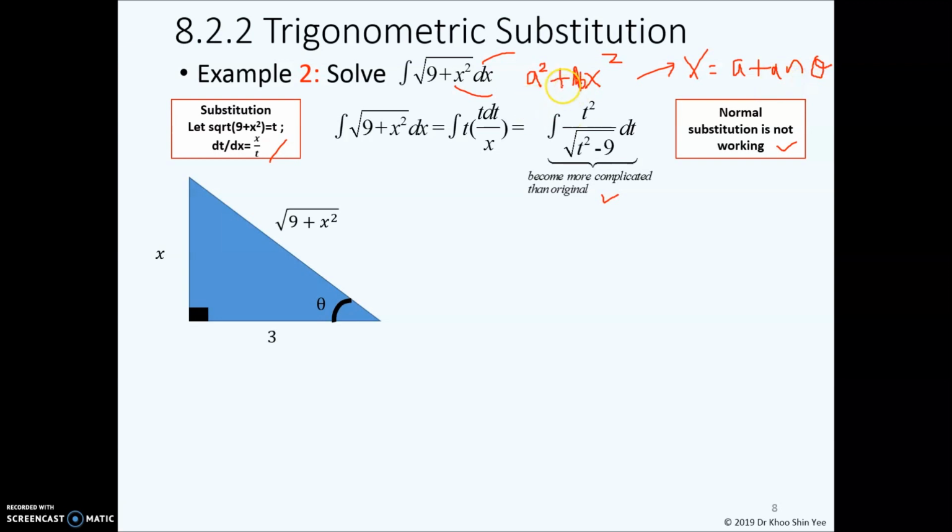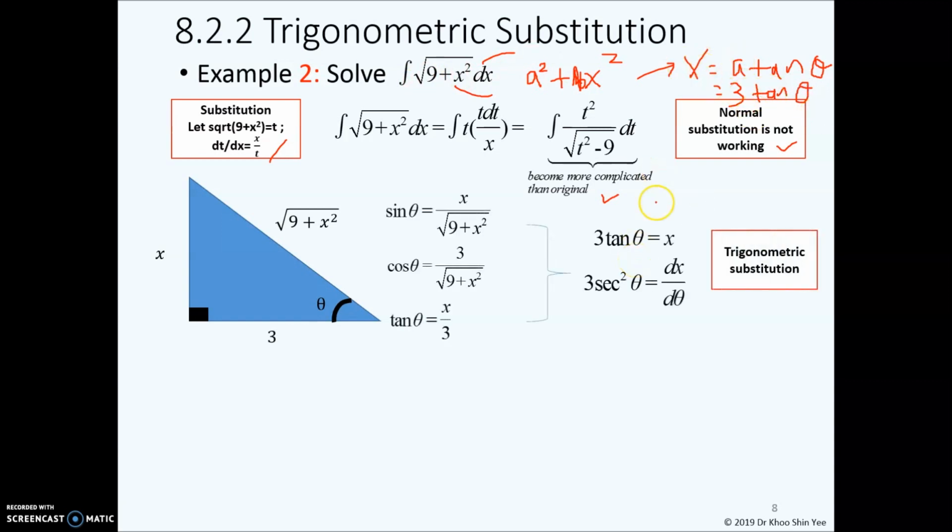Your a squared is 9, therefore a is equal to 3, since 3 squared becomes 9. So we can continue by using this substitution. This is our trigonometric substitution.